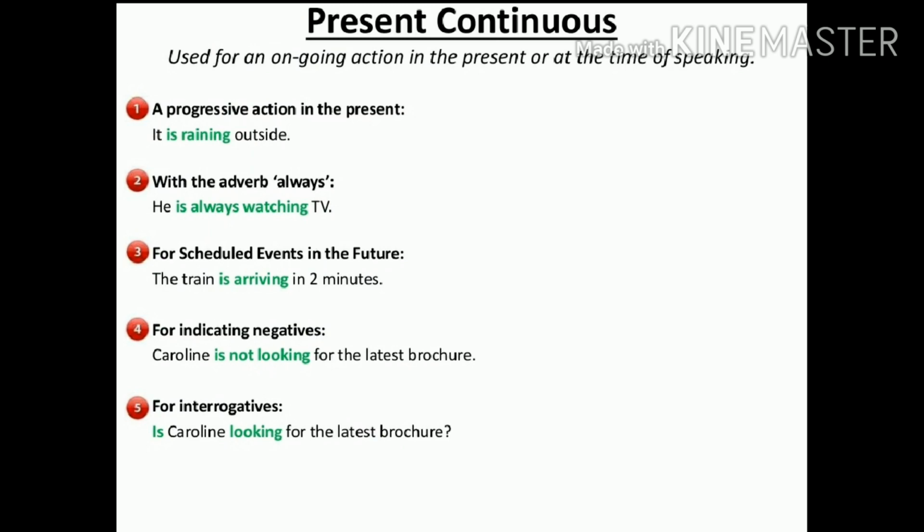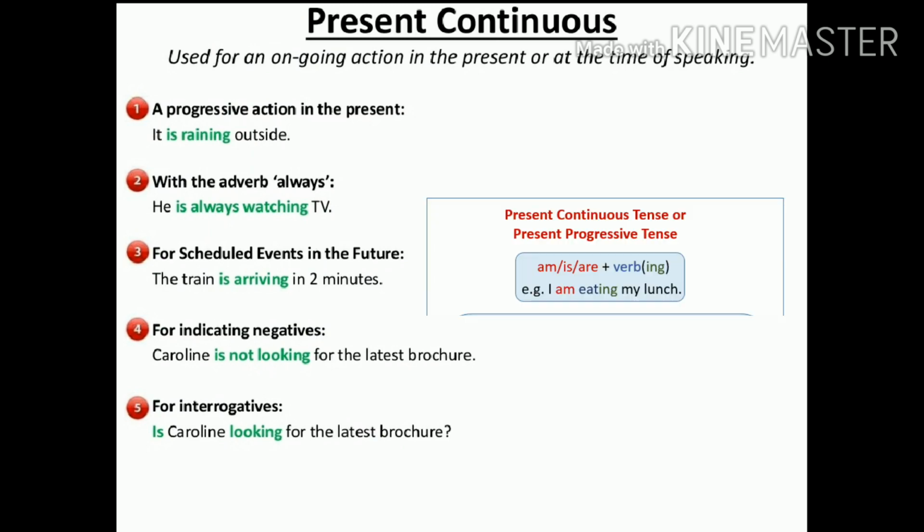So ing will always indicate continuous form, and the helping verb, like in these examples you can see, is raining, is arriving, is watching, is looking. So the helping verb is telling us about the time of action, and the ing form is telling us the state of action, and we learn it as present continuous tense. Helping verb plus main verb plus ing.